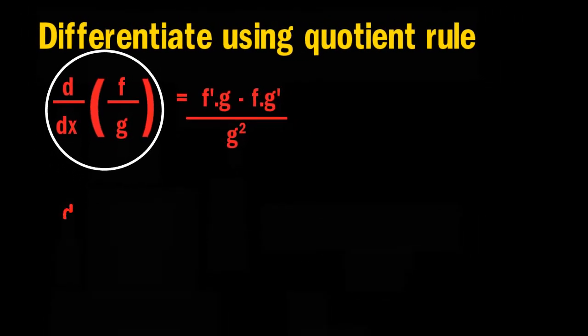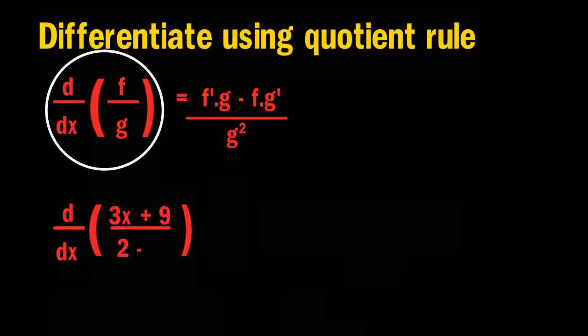So let's say we want to differentiate 3x plus 9 over 2 minus x. So this is a fraction of two functions. So if we want to differentiate it, we use quotient rule. So quotient rule is stated as, first, the numerator is function f and the denominator is function g.